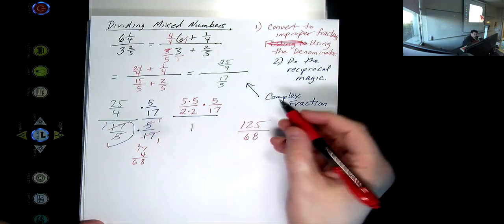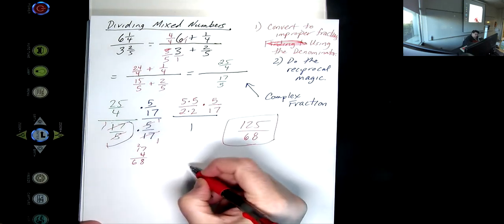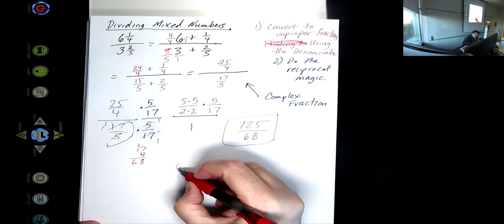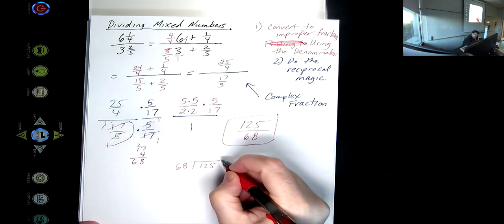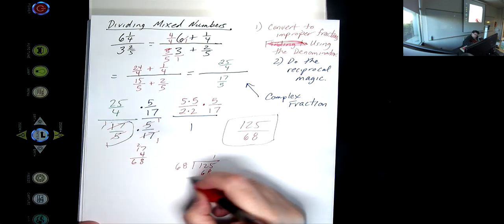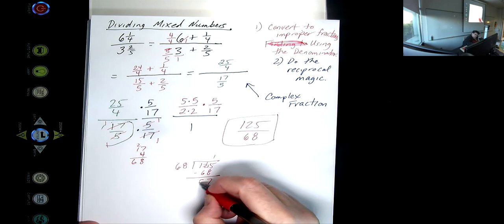That's technically the correct answer. If we want to simplify it, we're going to divide 68 into 125. It only goes in once. I got 57 left.